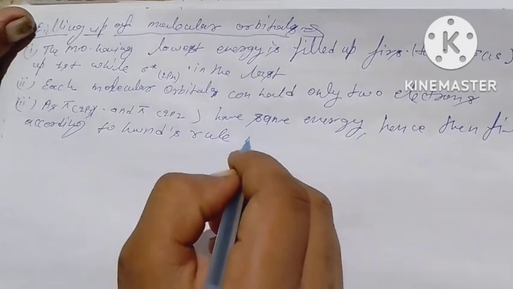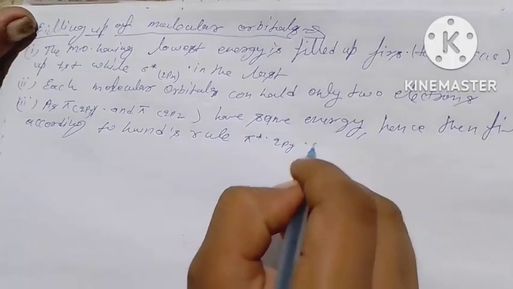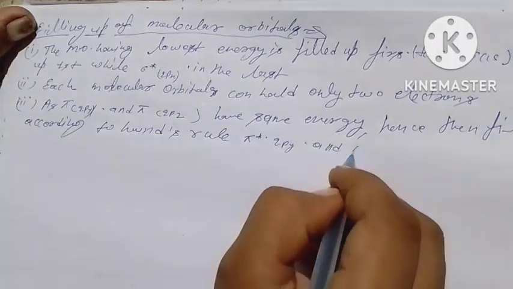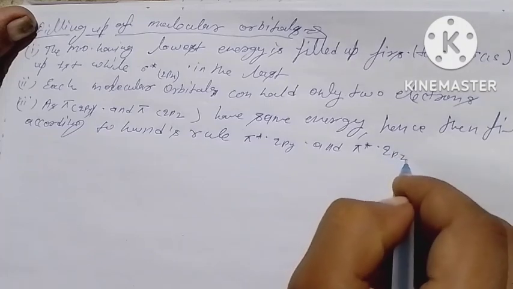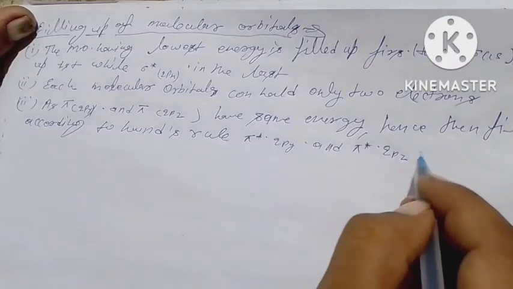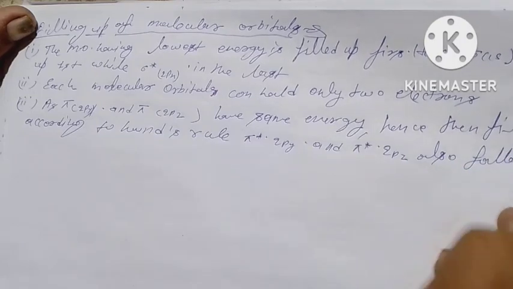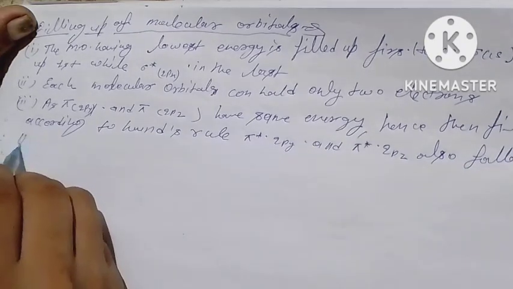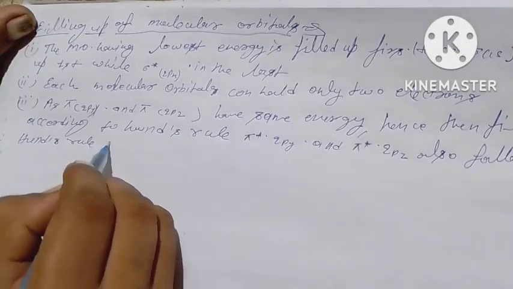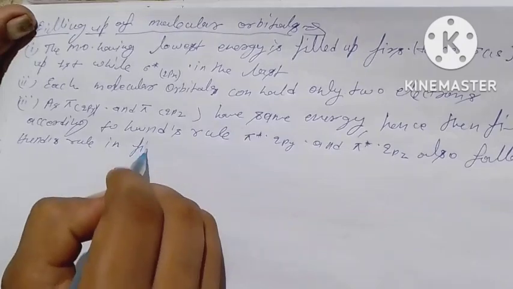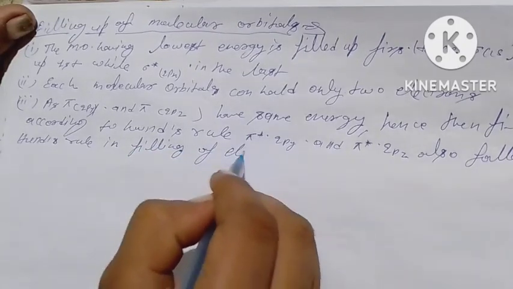And pi star 2py and pi star 2pz also follow Hund's rule in the filling of electrons.